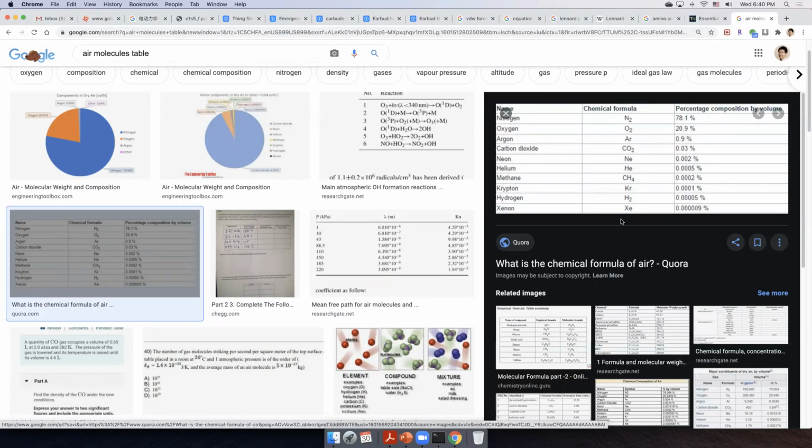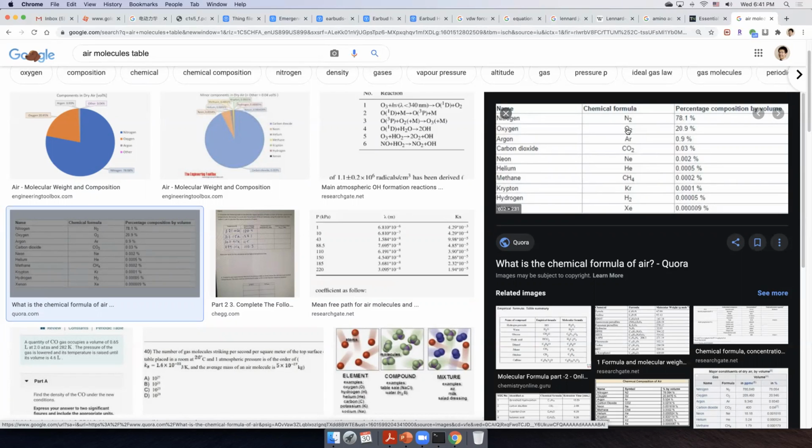But if you think about it, it shouldn't be that way, because if you see the molecules in the air like hydrogen, hydrogen is a very light molecule. The molecular weight for hydrogen is only 2. If you look at nitrogen or oxygen, oxygen is much heavier than hydrogen.